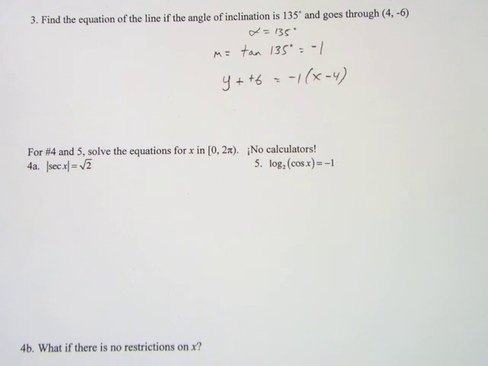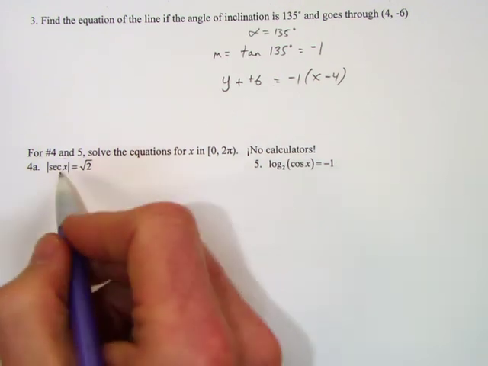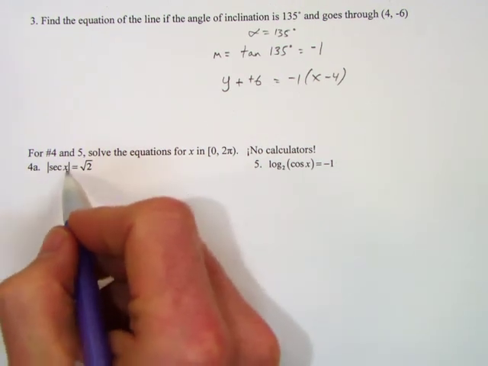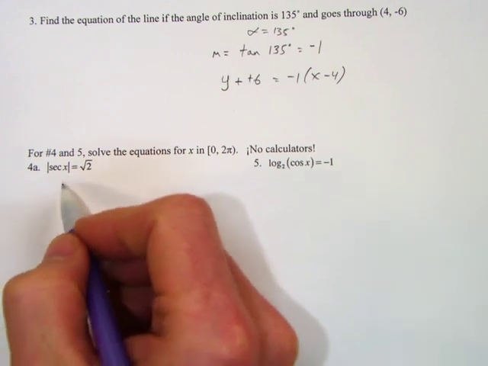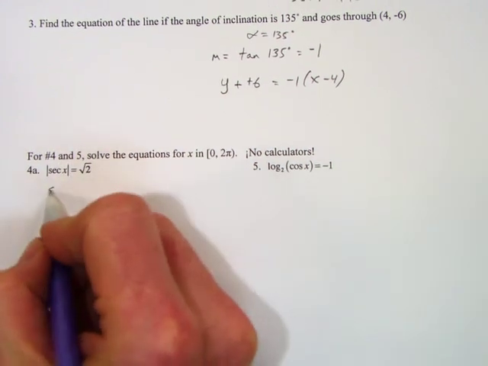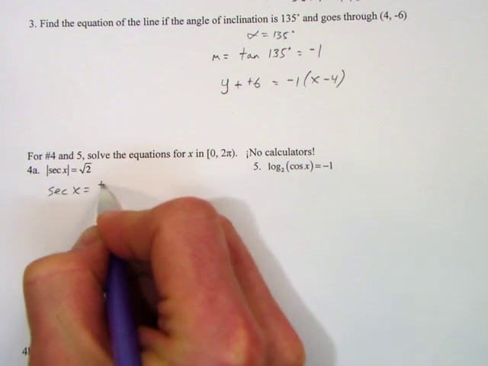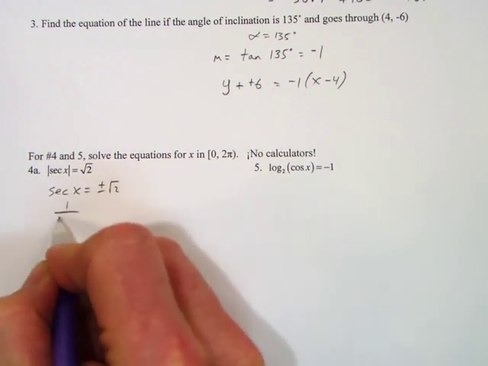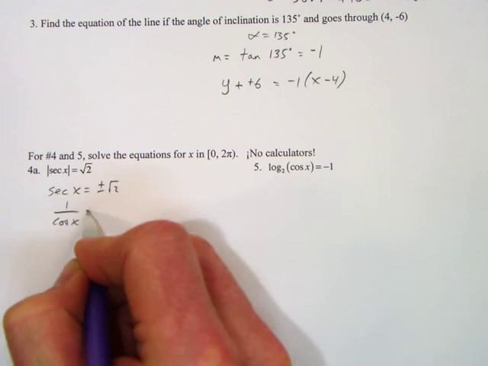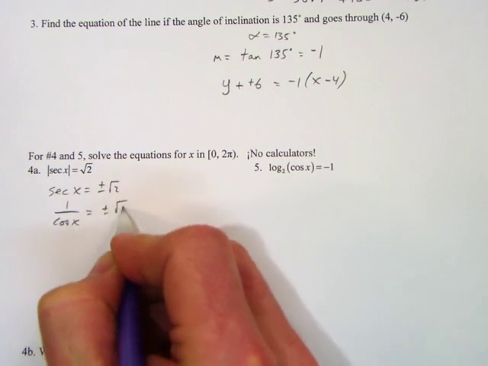Now we look at the next piece. Now we're just going to be solving equations. We're going to relate it back to the kind of things we've done before. We're trying to isolate the secant here, our trig function, so it means we have to get rid of the absolute value. So we get secant x equals plus or minus the square root of 2. Let's change secant into 1 over cosine equals plus or minus root 2.